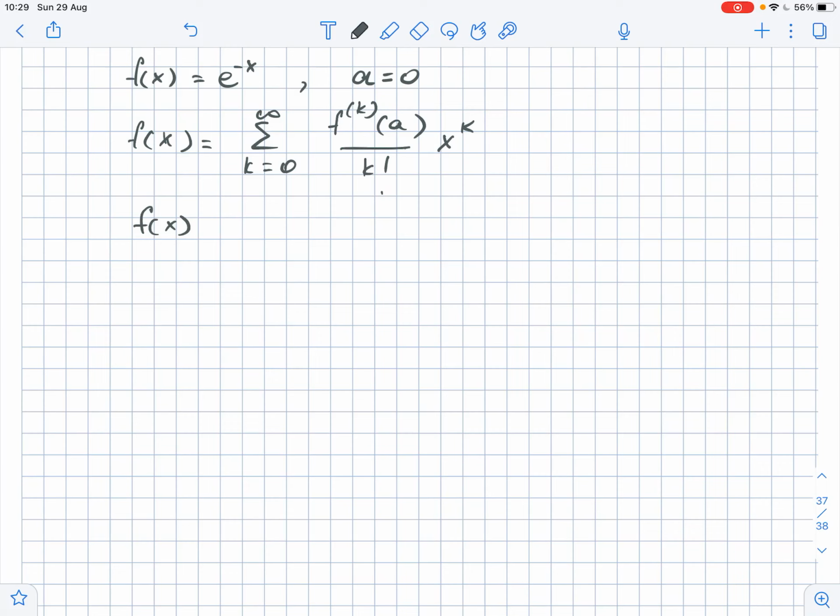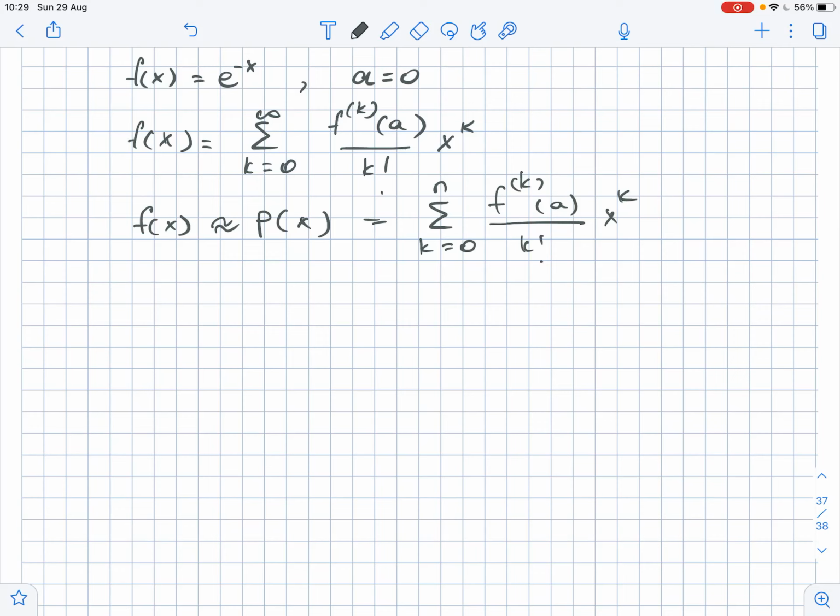So in our case, f of x equals the sum p of x, which equals the sum from k equals 0 to n of the kth order derivative of f at a over k factorial times x to the power of k.